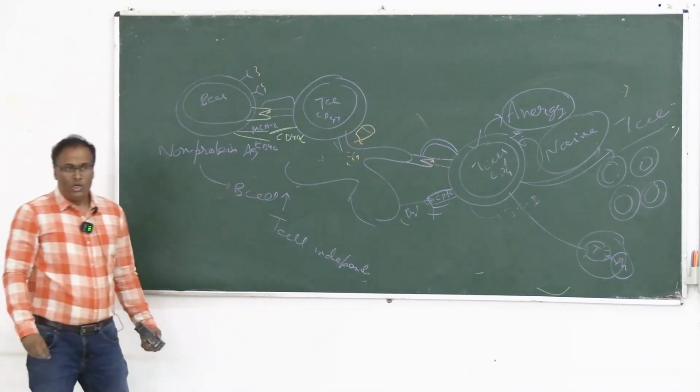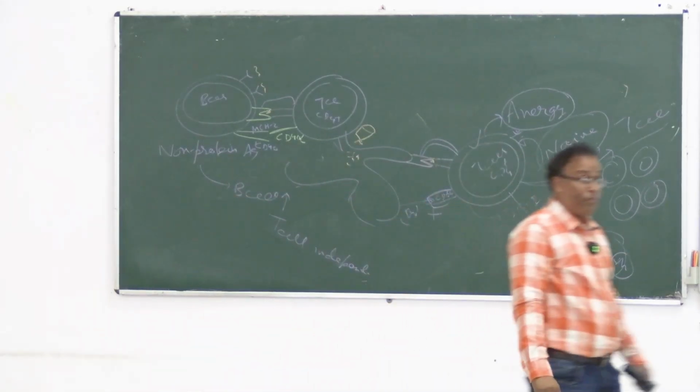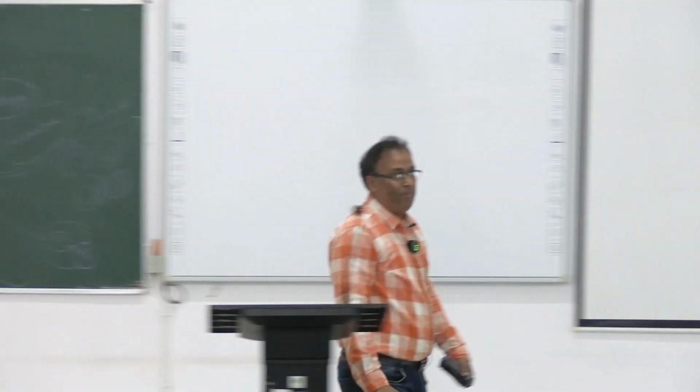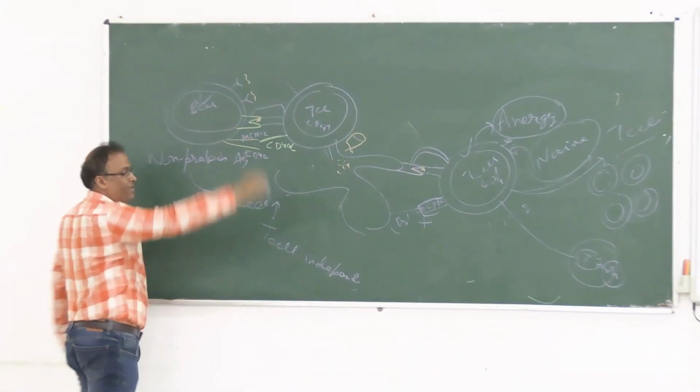So what did I say about the T cell? CD28 and B7. Similarly, in the B cell and T cell interaction, one of the important co-stimulations is happening through CD40 ligand in the T cell and CD40 in the B cell. This co-stimulation is essential for B cell activation.